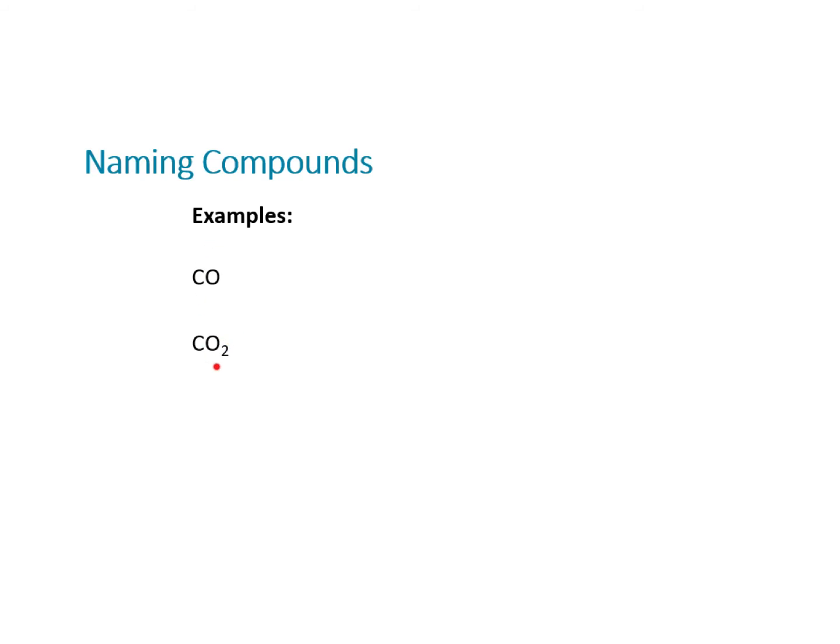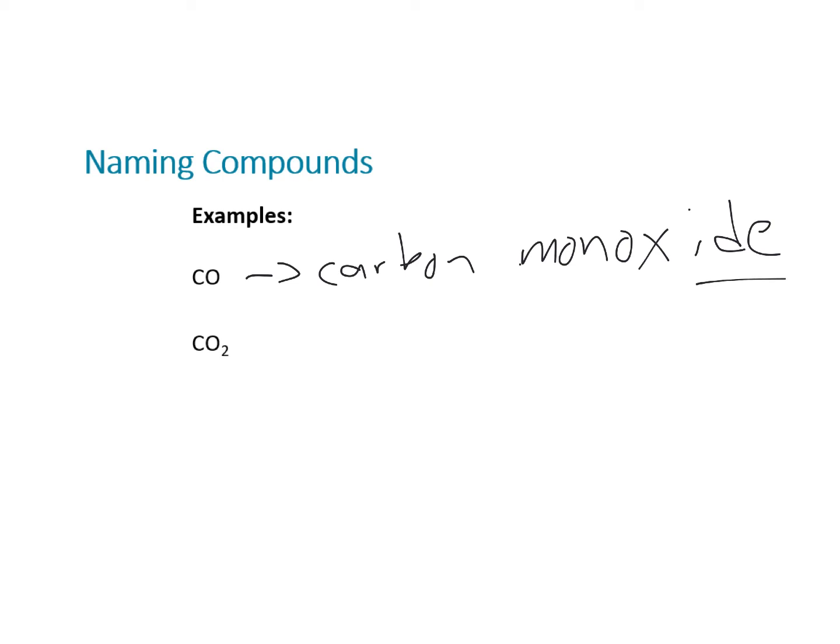That was from our little table on the previous slide. So we would name this one carbon monoxide. Remember, you get that IDE added to the end of it. And then here we have, again, carbon dioxide.